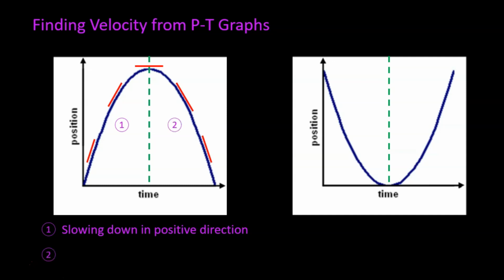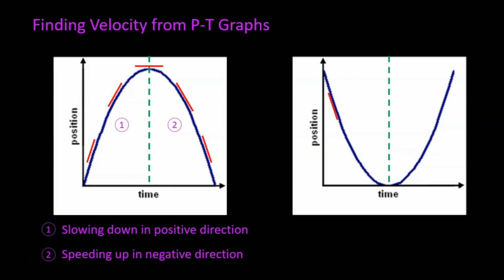Now, if we take a look at section 2, we notice that the slope starts out at 0 and it's getting steeper and steeper. So on this side of the graph in region 2, the object is speeding up because the slopes are going from flatter to steeper, but we're going in the negative direction.